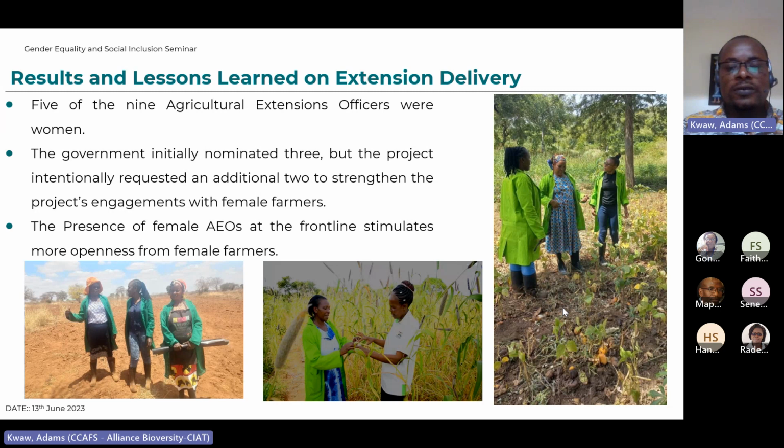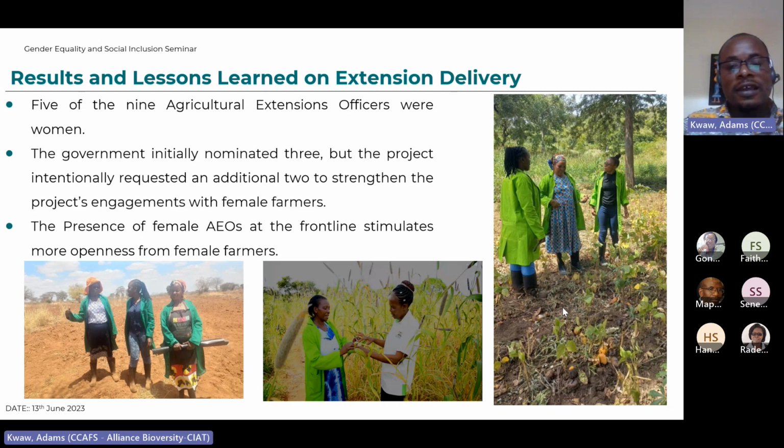They rather worked closely with the government, and the government recommended extension officers for them to be used. The essence was to help the government retain some of the important innovation the project introduced, and then to be able to continue on mentoring farmers beyond the project exists for them to implement it.